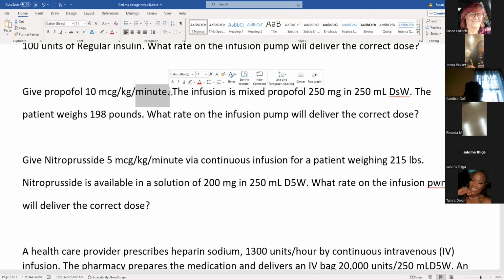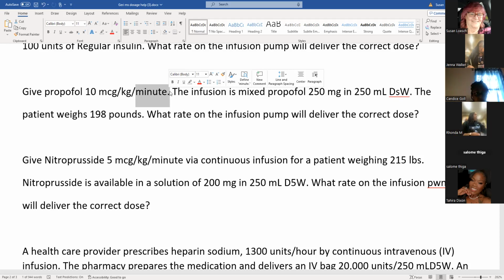I want you to write down what you have on hand. Then I want you to write your weight. And then I want you to write your desired dose, which is 10 micrograms per kilogram per minute.